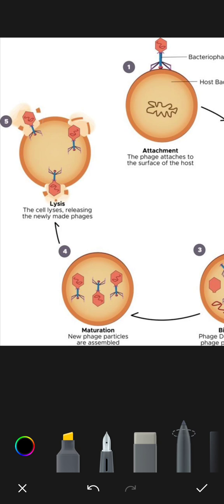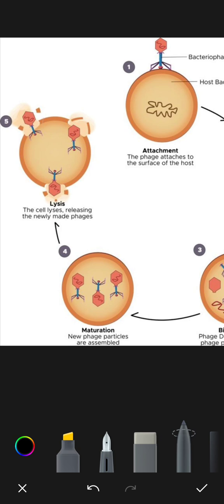In the last step, called lysis, the matured new phages जो बने हैं वो secrete करेंगे enzyme lysozyme जो help करेगा lysis of the cell wall of the bacteria or the host cell, and by the lysis of the wall of the cell, these are released out in the surrounding and affect other bacterial cells.